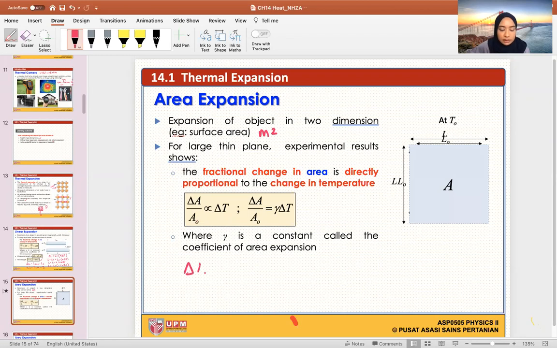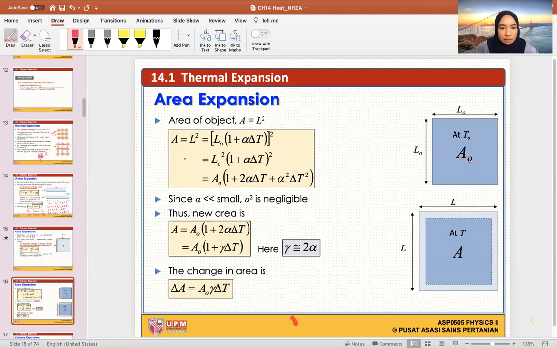Just now we talked about delta L over L naught proportional to delta T. Now we have delta A over A naught proportional to delta T. Sama juga, this is just a relationship. The actual equation is equal to gamma delta T. Now again, we can solve for this, but you already know how to expand the equation. Senang je. So this is how you expand it.